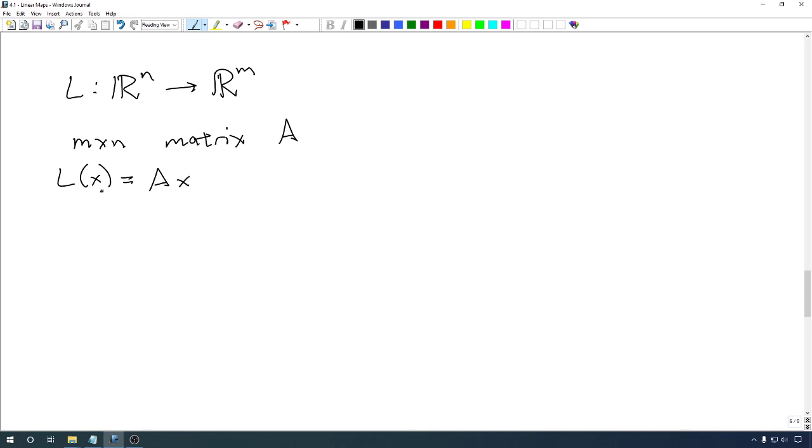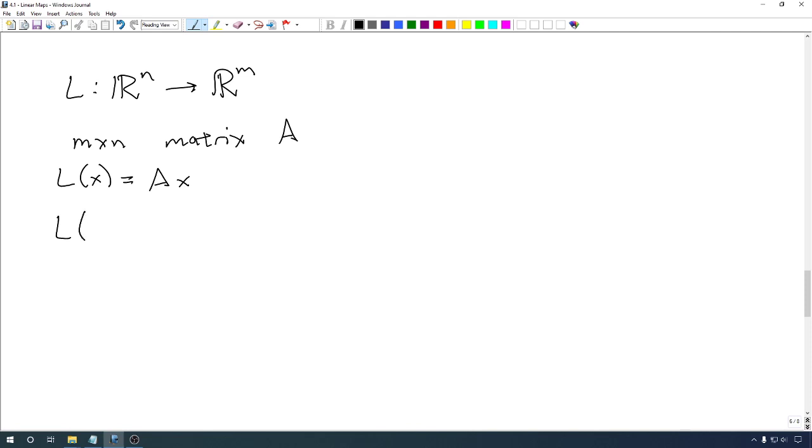So x here is an n-dimensional vector. We have our m by n matrix times an n by 1 vector, and the result will be an m by 1 vector. That gives us a map from Rn to Rm. And it turns out that this is a linear map.